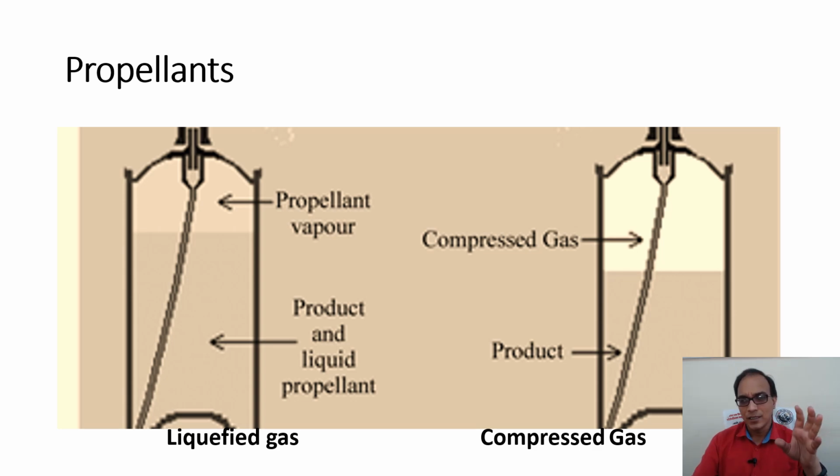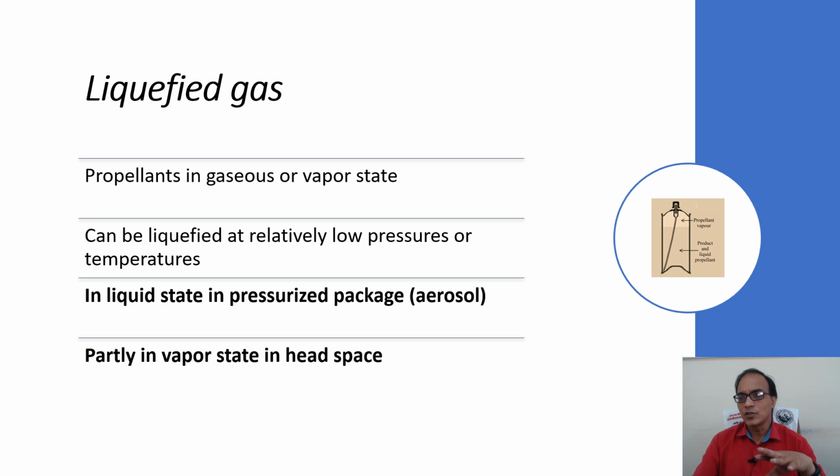While in the case of compressed gas, the compressed gas is not mixed with the product. Compressed gas is in the upper part and the product in the lower part. So this is the difference.